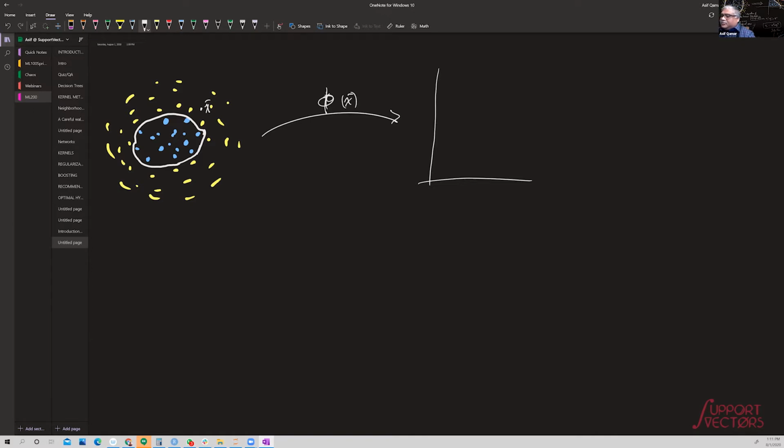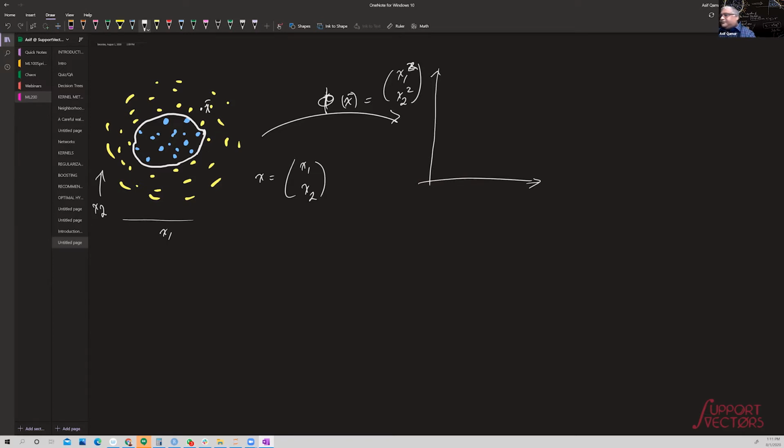Suppose you have a point x equal to x1, x2, the coordinates of a two-dimensional point. Without going to a higher dimension, one way you can do that is phi of x equal to x1 squared, x2 squared, isn't it? Do you see that, guys?